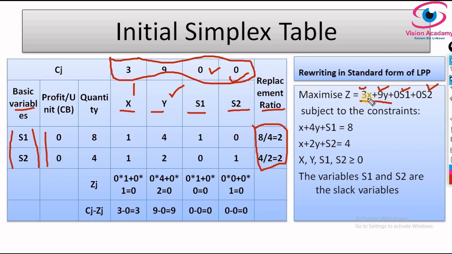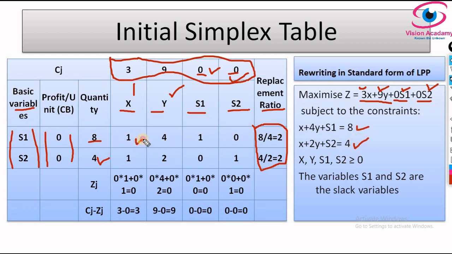So in the objective function, the coefficient of the basic variable is 0. The quantity of the first constraint is 8, and the quantity of the second constraint is 4.